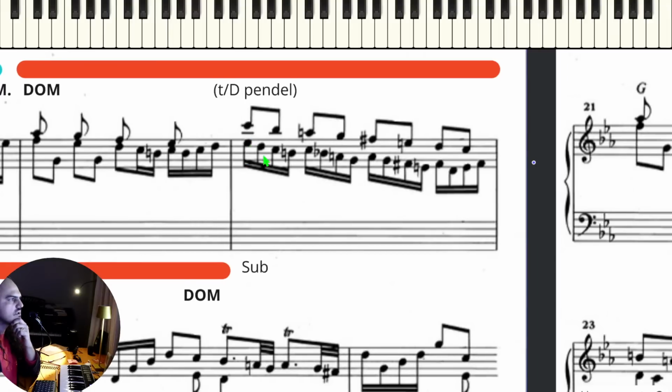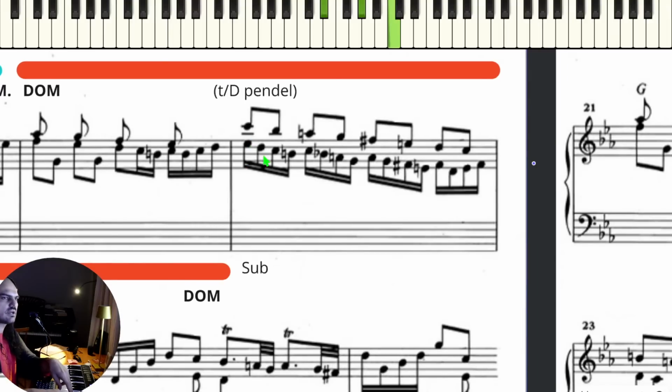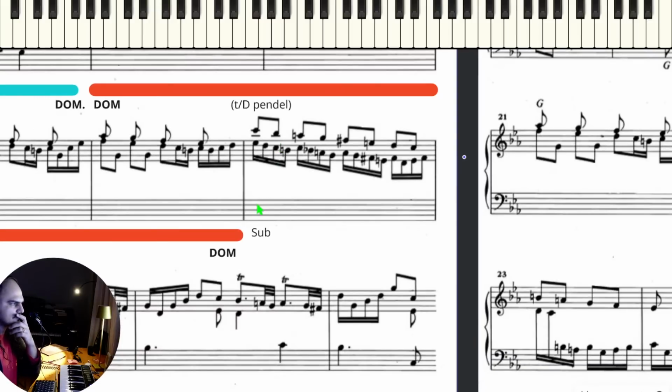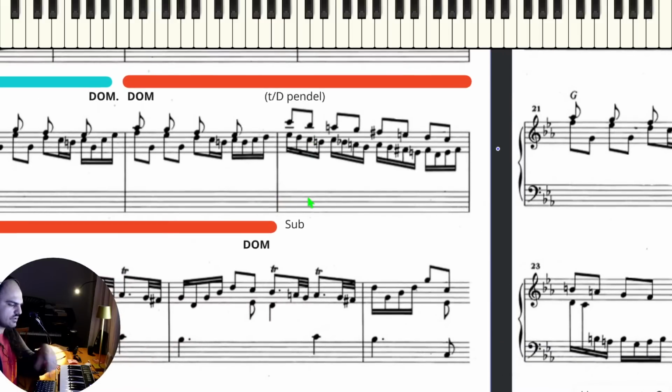Yes. This is why this is not an A flat, okay? And also not this chord, also not this chord.